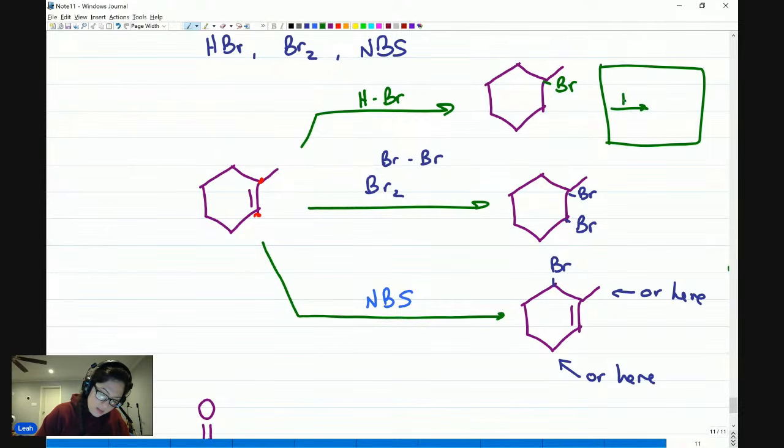If I reacted it with HBr and peroxides, that box does not fit. Let's see if we can squeeze in the molecule. I would get something that looks like this, but the bromine would go on the end. The peroxides give me a radical intermediate, and the radical changes the stability of the intermediate. Therefore, it changes the outcome.